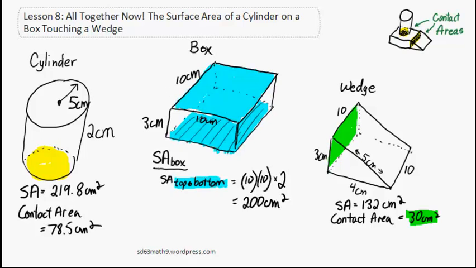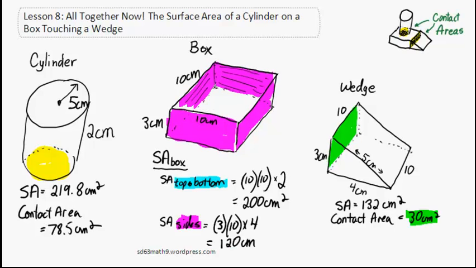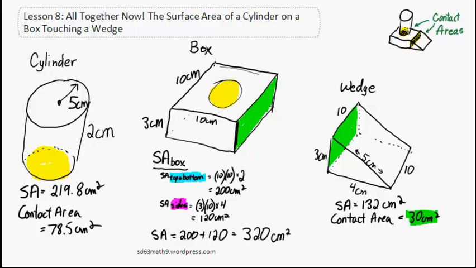Well, what about the box? Here it is again. The top and bottom have a surface area of 200 centimeters squared. The surface area of the walls is 120 centimeters squared. Now, this gives the box a surface area of 320 centimeters squared. What about the areas of contact here?